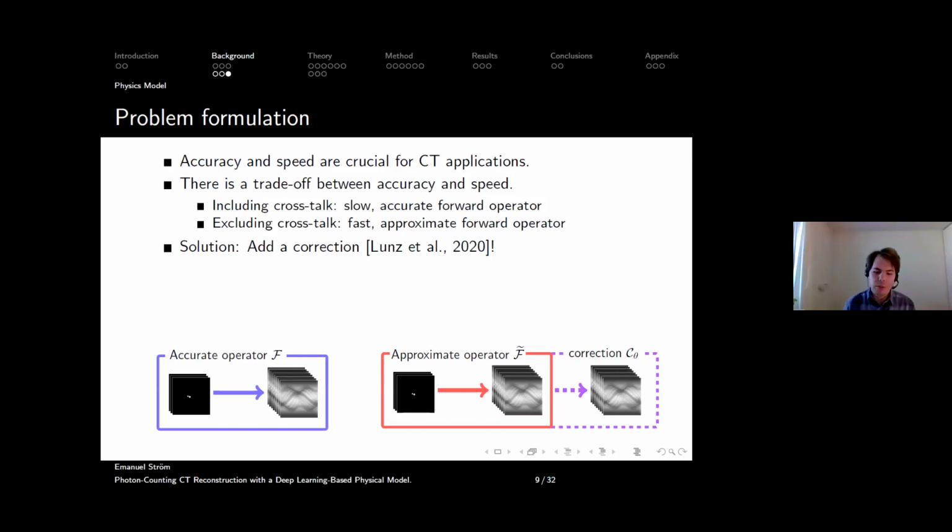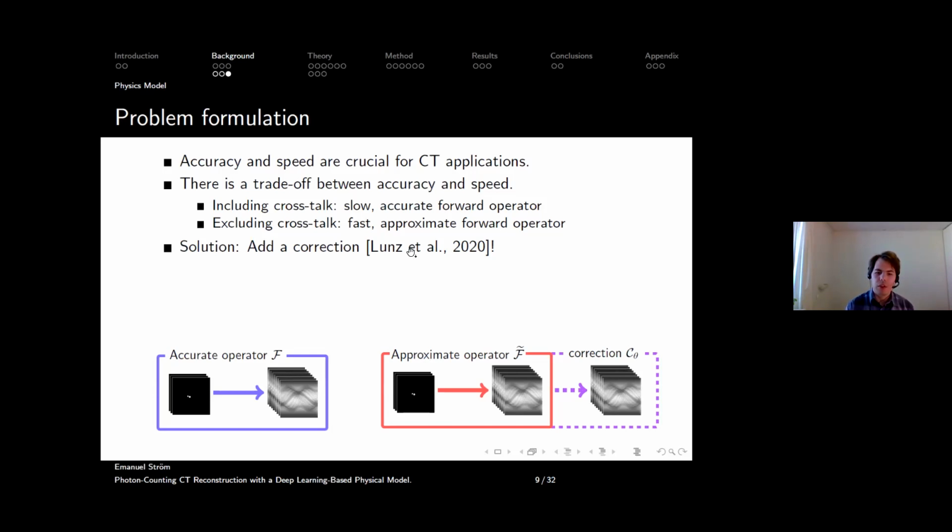Maybe I can add that the point here is that we can generate a deep learning based forward model that is a very accurate approximation of the true forward model, but we can't hope to do that for all conceivable sinograms.